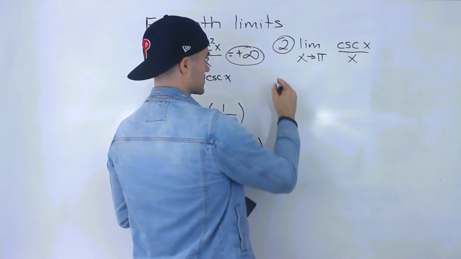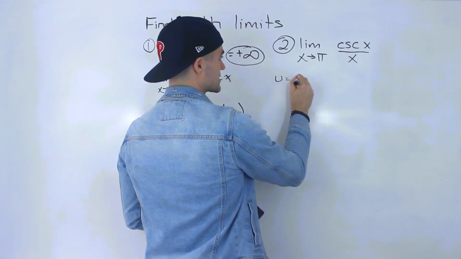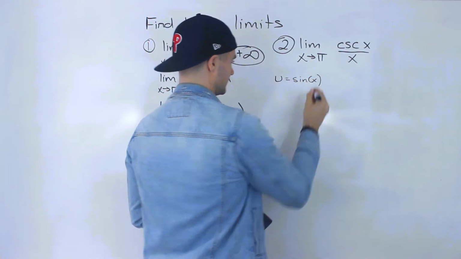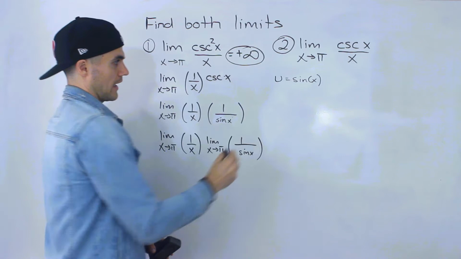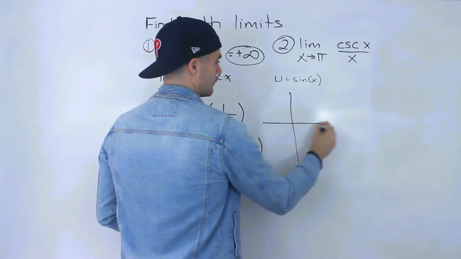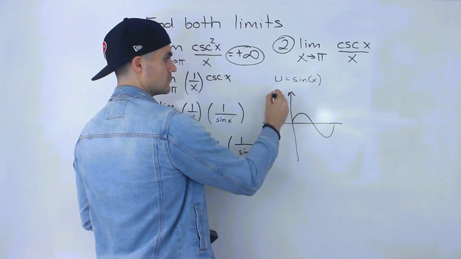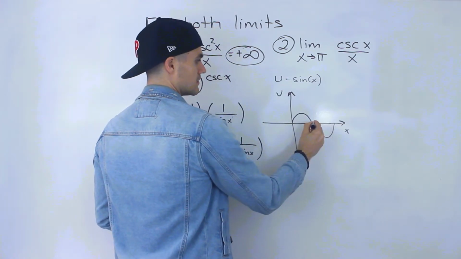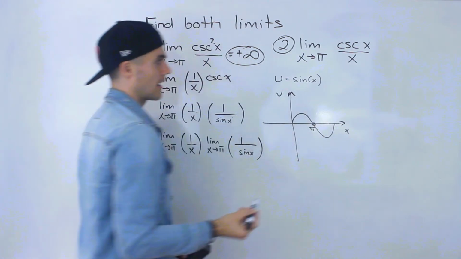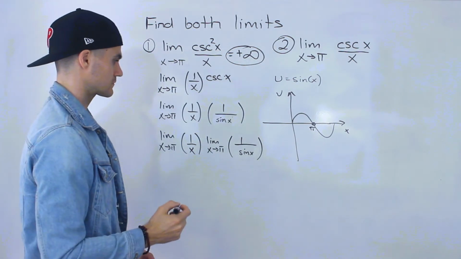Let's go through this process one more time, where we have u equals sine x. And so if we graph it, again, this is u, this is x, and then that's pi right there.